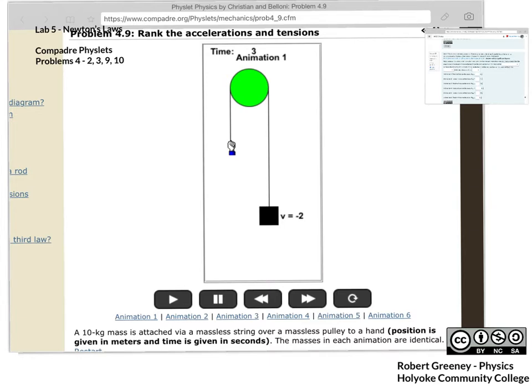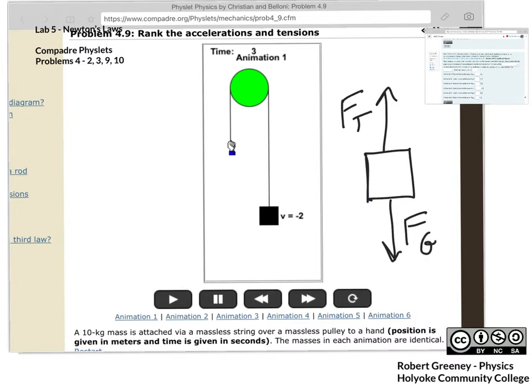Okay, so if you draw a free body diagram, yes, free body diagram, very important, of the block, then there's a tension force going up, Ft, and the force of gravity going down, Fg, and Fg is going to be, if we use 9.8, 98 newtons, and so Ft has to be what? 98 newtons, because the sum of the forces in the y direction equals m a_y, but a_y equals 0, so the two forces have to be equal and opposite.